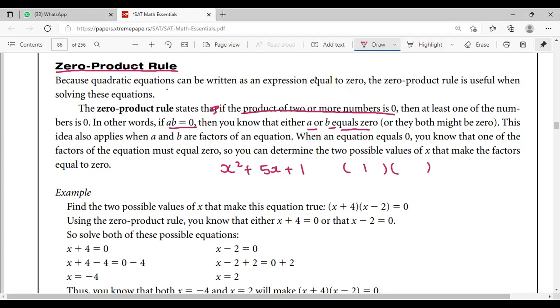This is the first factor, this is the second factor, and it is equal to 0. Now you know that either this is 0 or this is 0 or both are 0, because if you multiply 0 with a number, you get 0, right? So if this is 0, it means that either this term was 0 or this term was 0 or both are 0, because that is why you got 0. Is it clear?